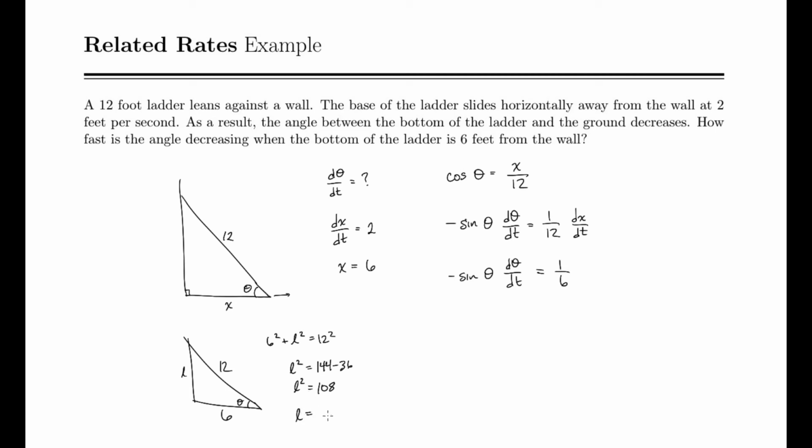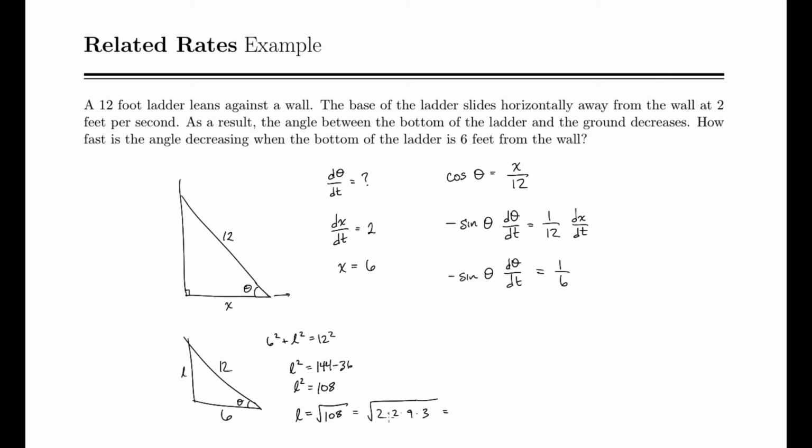Okay, so L is the square root of 108. And if we want to reduce this, 108 is 2 times 54, and 54 is 2 times 27. And then, of course, 27 is 9 times 3.